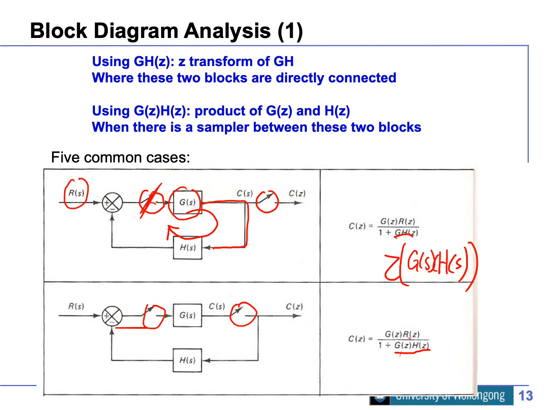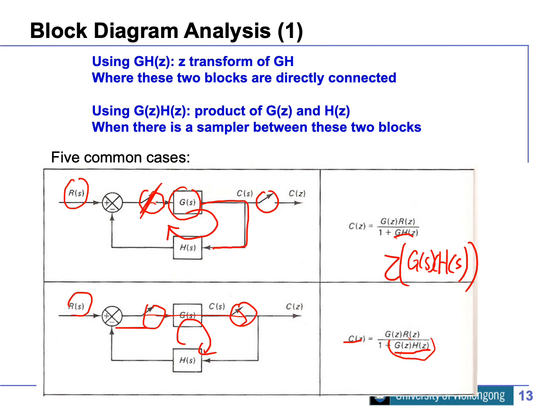Okay? Look at the bottom case. The only difference here is that this sampler is a little bit ahead, inside the loop, so it separates G(s) and H(s). The output signal is still the input multiplied with the forward, which is G(z) R(z), divided by this closed loop, so 1 plus G(z) H(z).